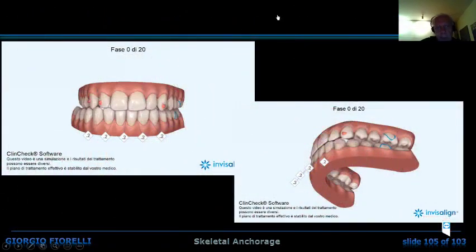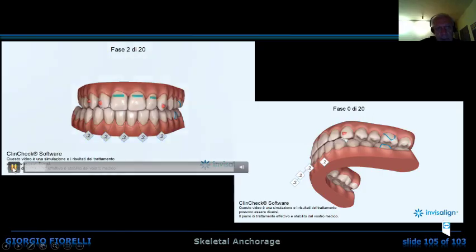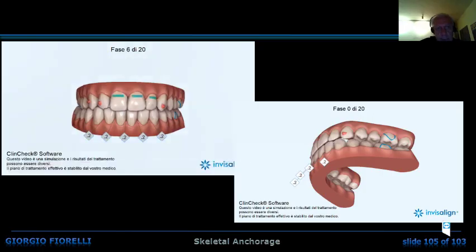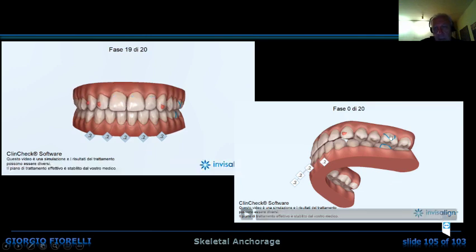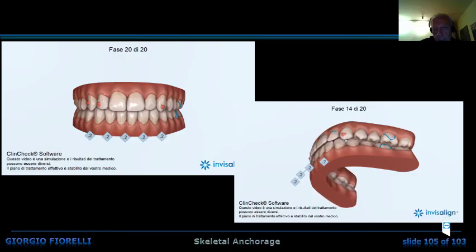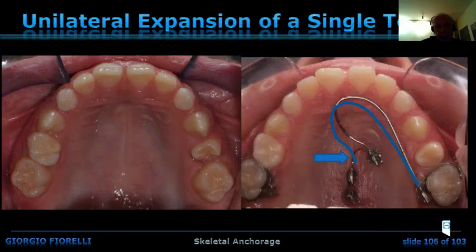Again, I show you the clean check, but it happened more or less what I was expecting. The fact is that we needed to have control here. So here there was a TAD connected to this tooth. And things were really nice with very little work on my side.